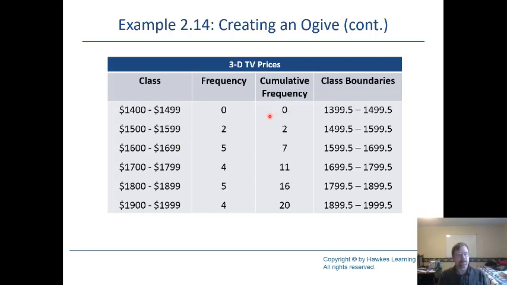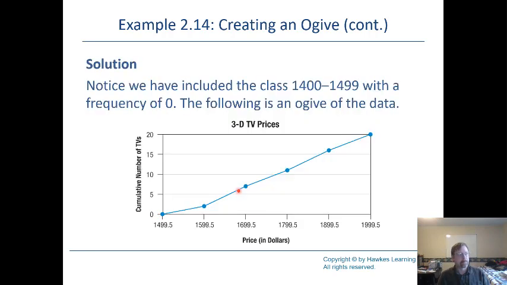You're basically plotting the cumulative frequency instead of the frequency. Note that they have added this extra class with a frequency of 0 at the beginning and not added an extra one at the end.